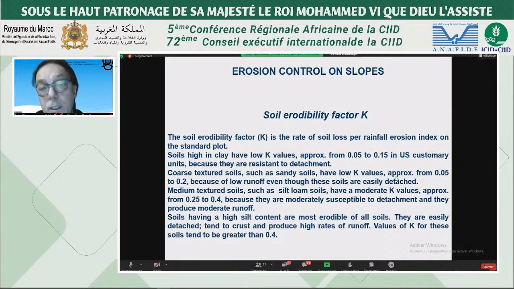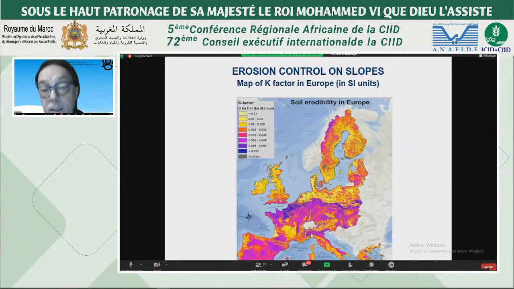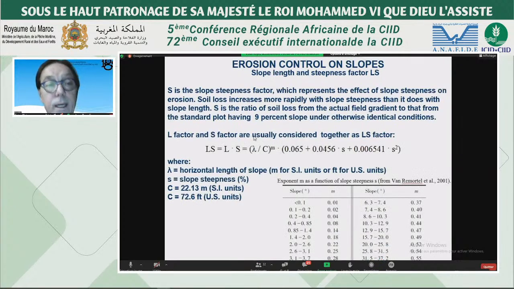L'érodibilité, le facteur K, qui est le taux de perte de sol par unité d'érosivité, est un index sur la parcelle standard. Donc, les agences normalement produisent des cartes, et voici par exemple la carte pour l'Europe, et on voit l'érosion avec ces degrés.